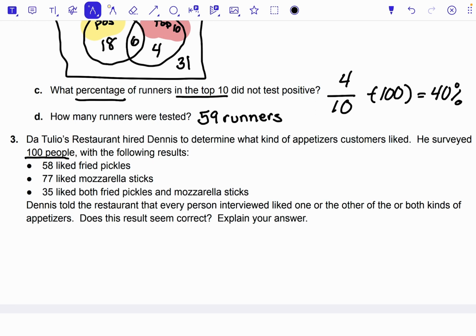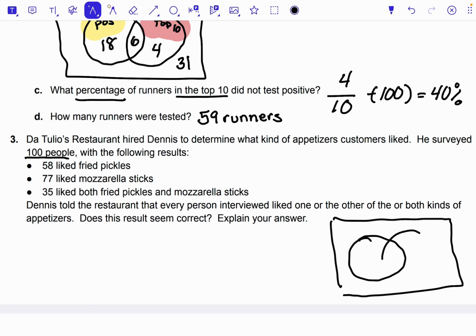So a great way to do this is to organize my answers in a Venn diagram to determine. I have circle 1 and circle 2, and so we have pickles, P, and mozzarella sticks, M. 35 like both. Well, 58 like fried pickles, but we already have 35.